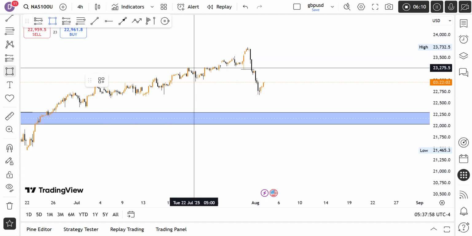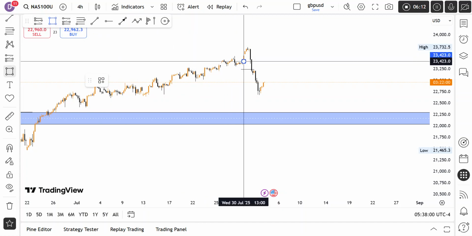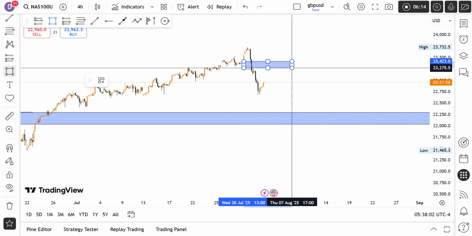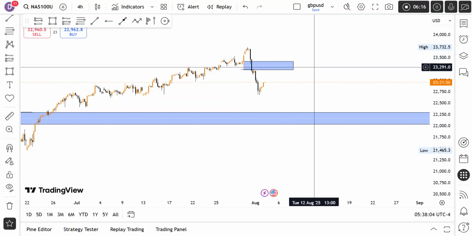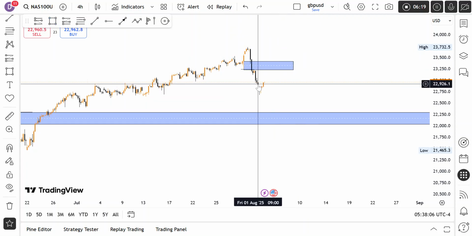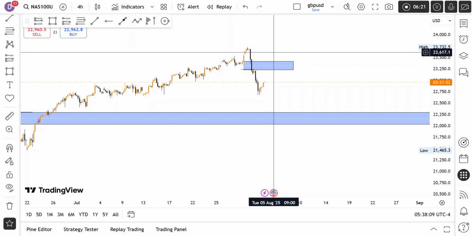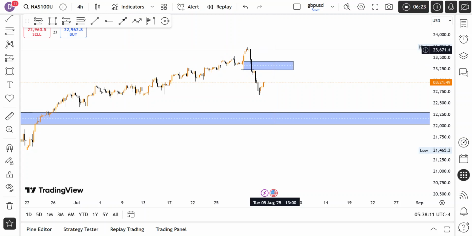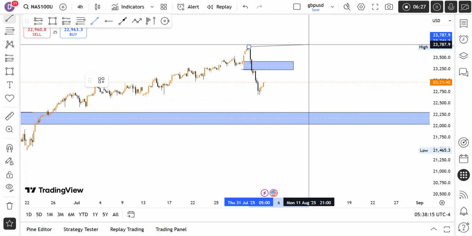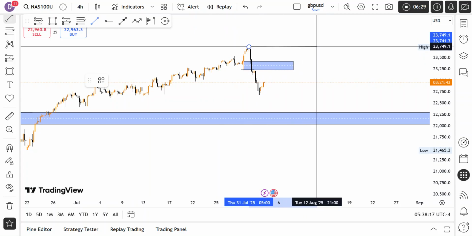I'm going to mark this zone and then wait for the market. When the market pulls up and even passes the zone, I will make sure the market did not pass this zone, because that's our strategy.